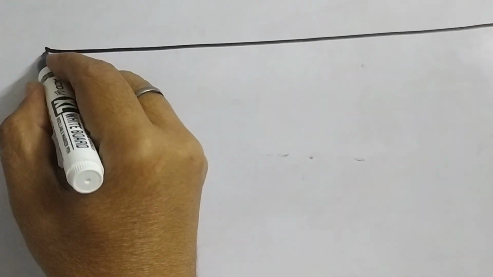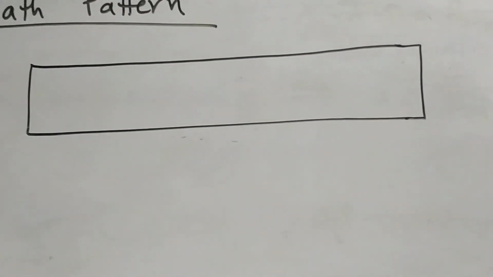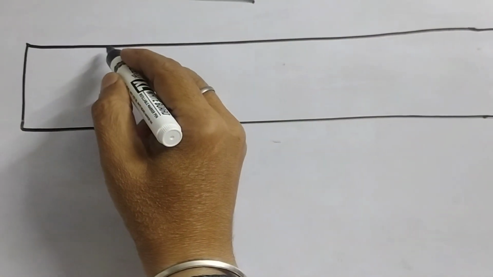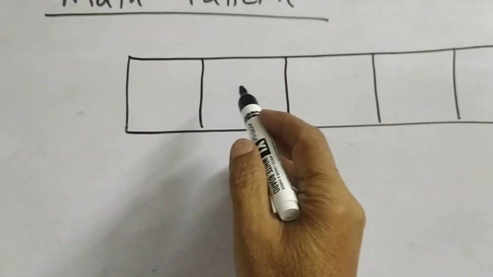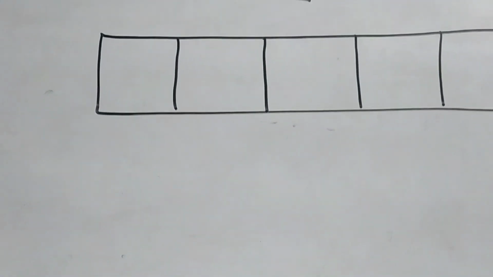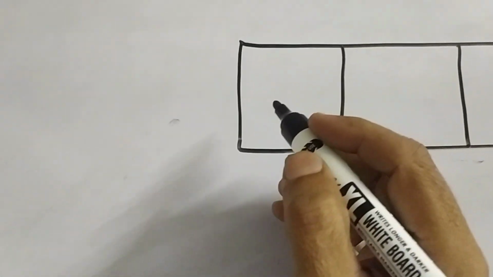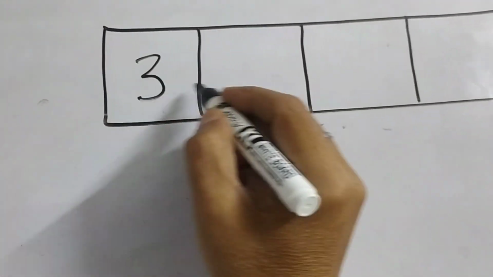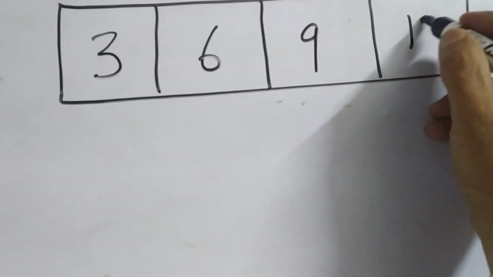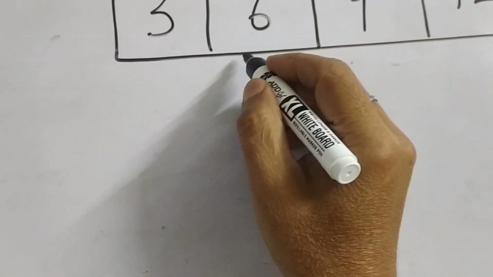We will draw a pattern in which we will use numbers: one, two, three, four and five. In these blocks we will fill the numbers. Suppose here is 3, 6, 9, 12, 15.